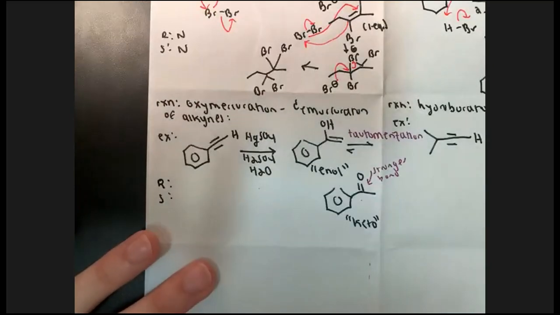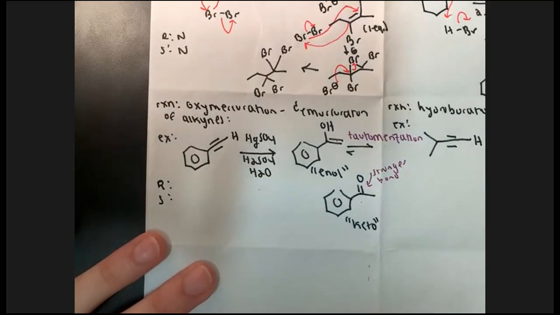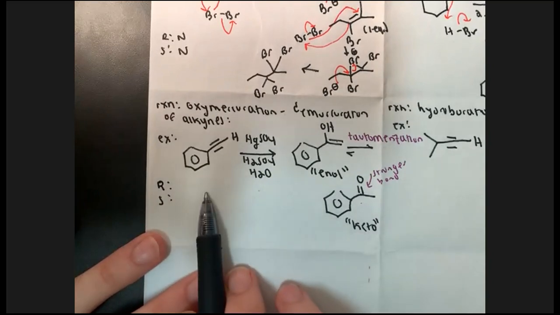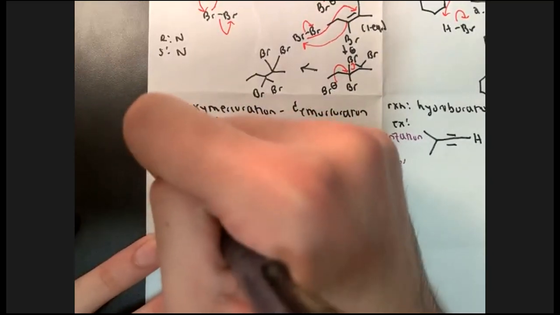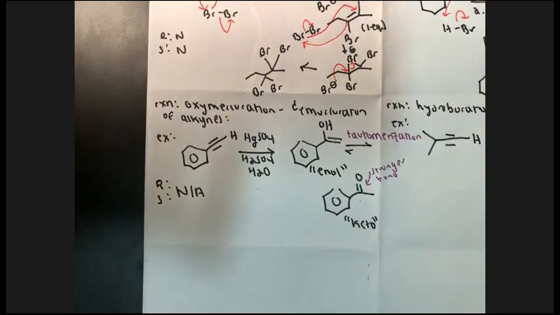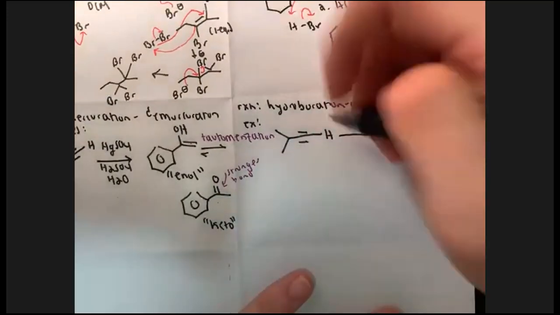Okay, so in terms of regiochemistry, she wouldn't ask you this because you don't know the mechanism. So we're just going to say not applicable for this question. There is an answer to this, but since we don't know the mechanism, there's no way they would expect you to know if this is regioselective or stereospecific. Okay. So again, this is another 2-parter for hydroboration.